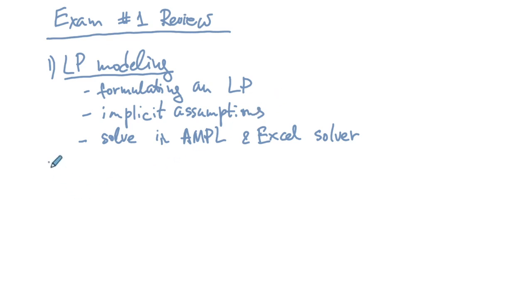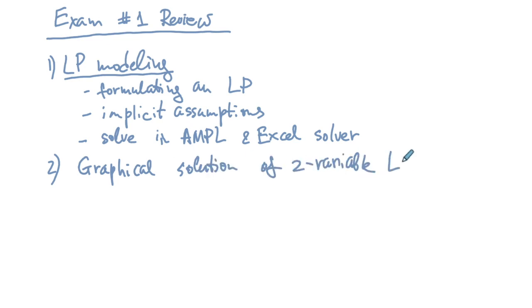So the second topic that we covered was graphical solution of two-variable LPs. For this part, you essentially need to know how to solve small-scale LPs graphically. You need to clearly specify the feasible region.